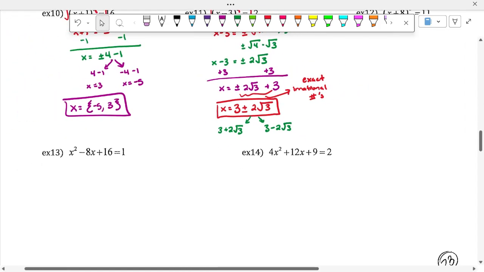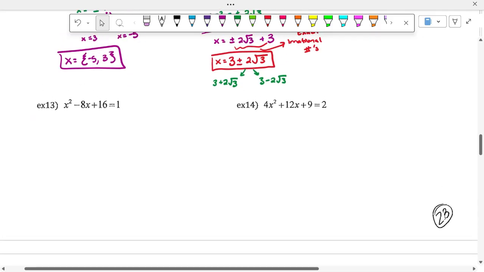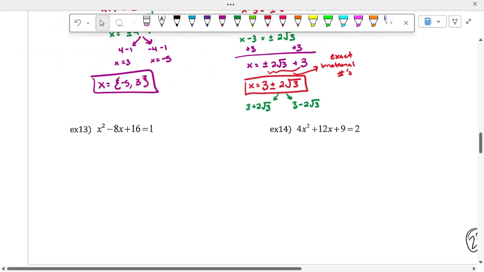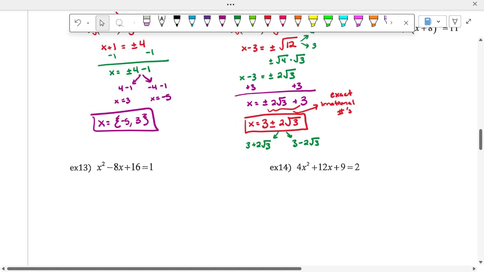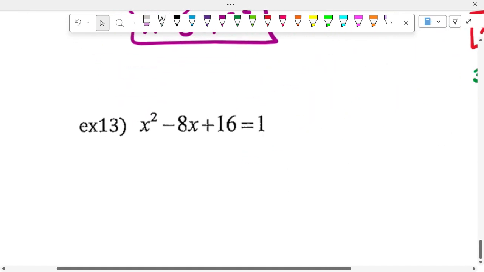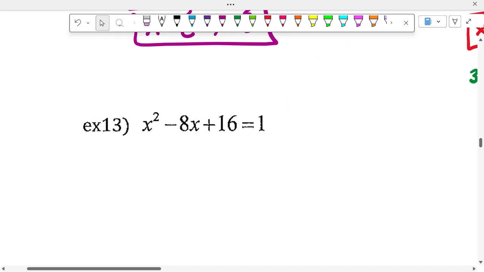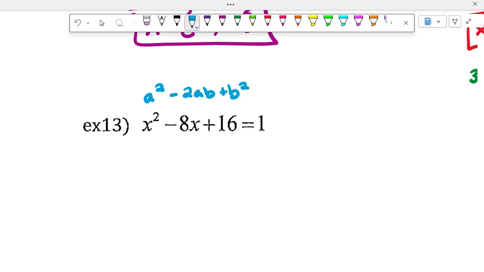All right. Now, these last 2 are basically just perfect square trinomials. Remember, we talked about this when we were factoring special cases. Perfect square trinomials just means that you have a squared minus 2ab plus b squared.